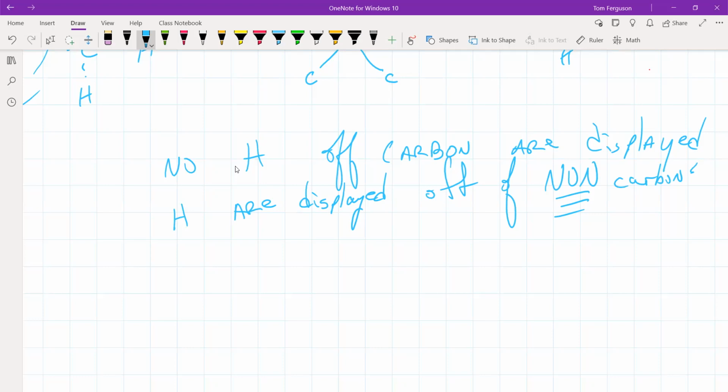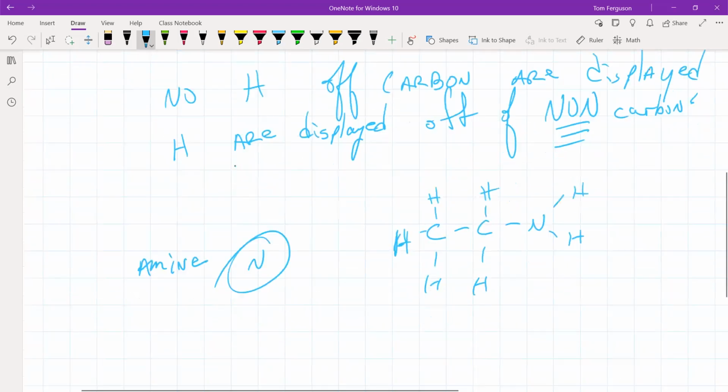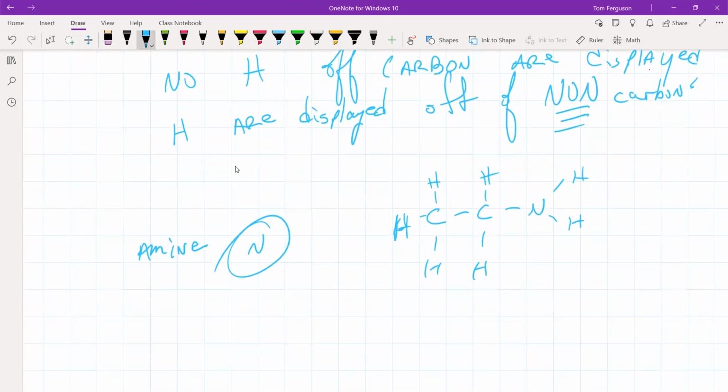For example, if we had an amine, amines have nitrogens, okay? So if we had this amine, 2 carbons, nitrogen here, the line drawing for that would be, okay, the hydrogens on the carbons don't show.